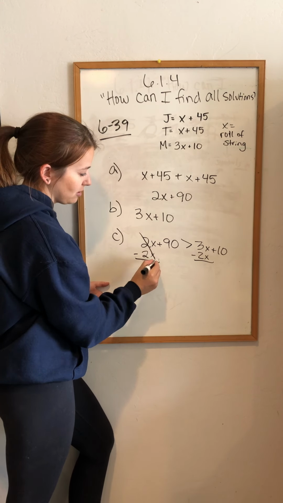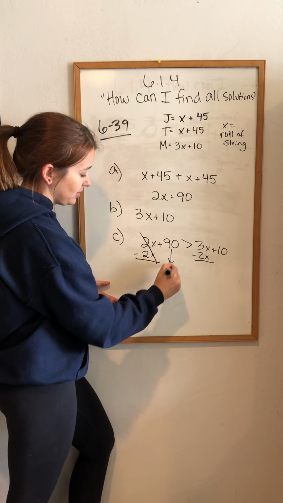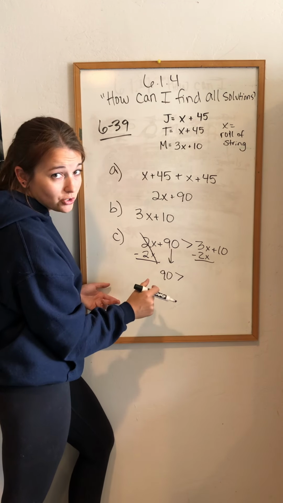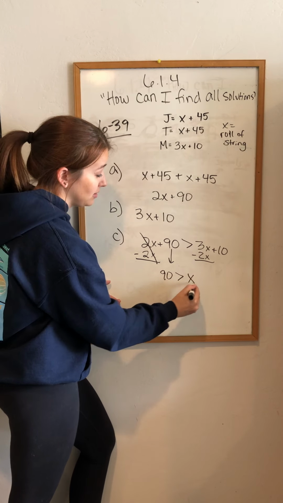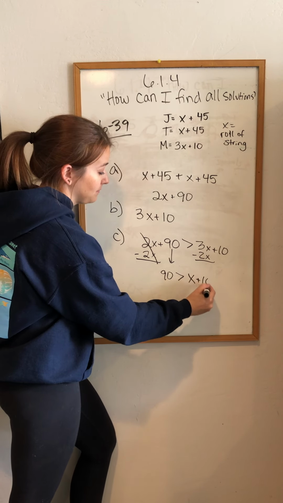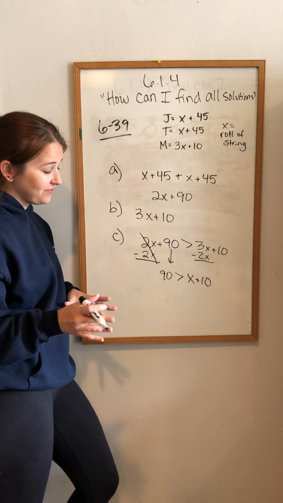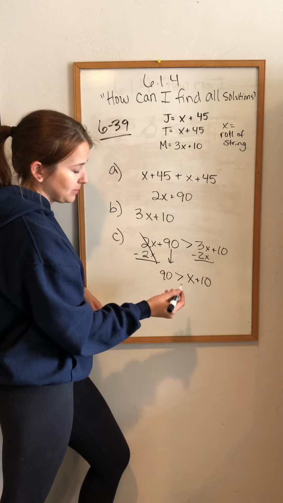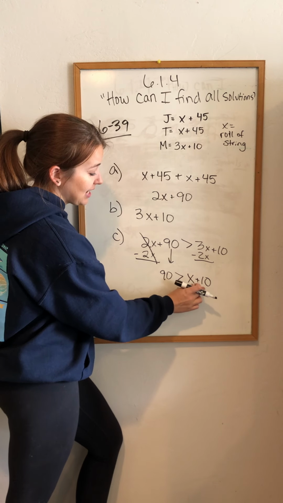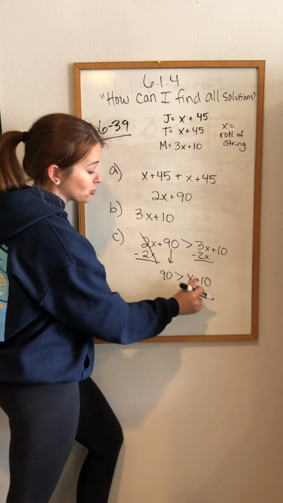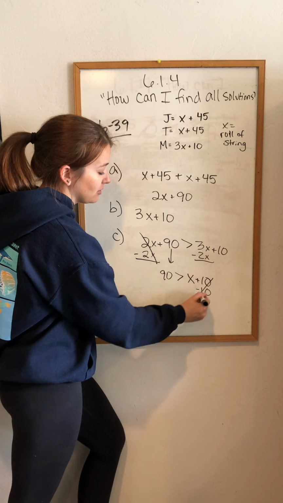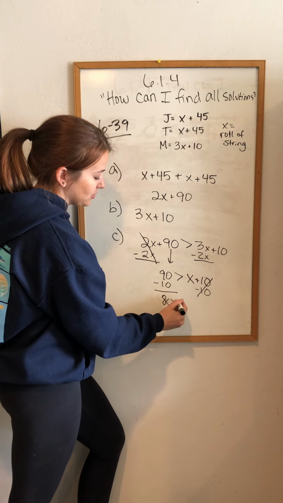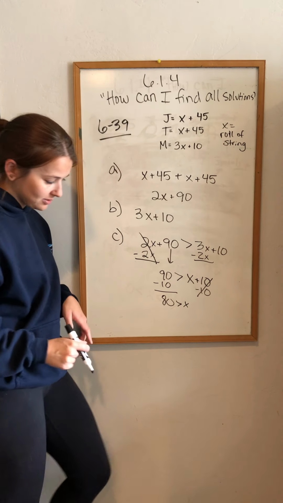So that becomes 0, and 90 is greater than 3x minus 2x, which gives you 1x plus 10. Now you can kind of figure out what it might be from here, but if you wanted to be precise, you could move this 10 to this side by subtracting it, because we want it to be 0. And now I'm left with 80 is greater than x.